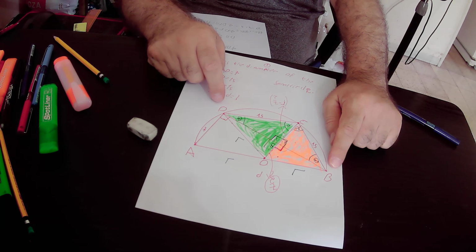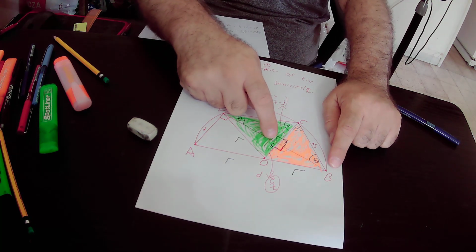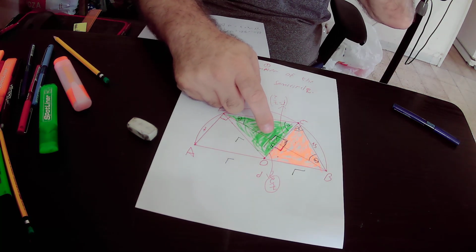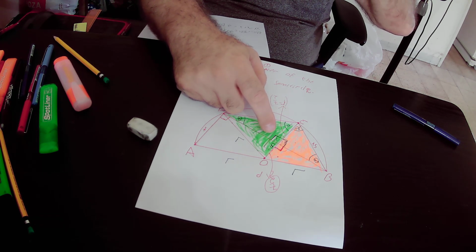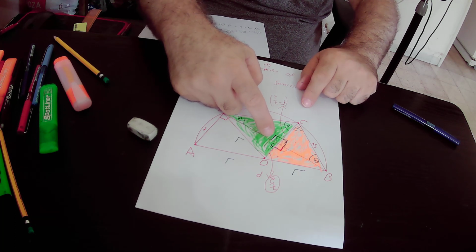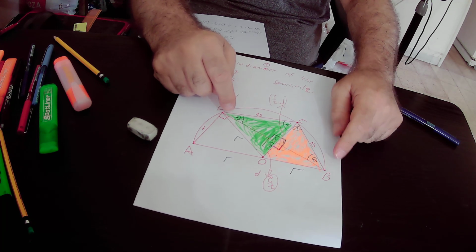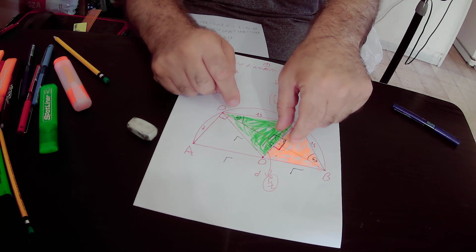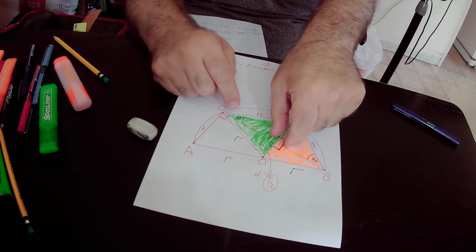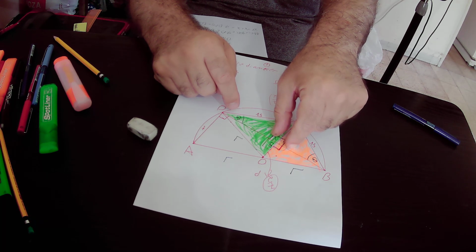And so along a straight line, if we focus on a certain point, then the sum of the angles on one side of the straight line equals 180 degrees. So if we focus on point E and the straight line DB, then the sum of the angles on this side of the straight line must be equal to 180 degrees.